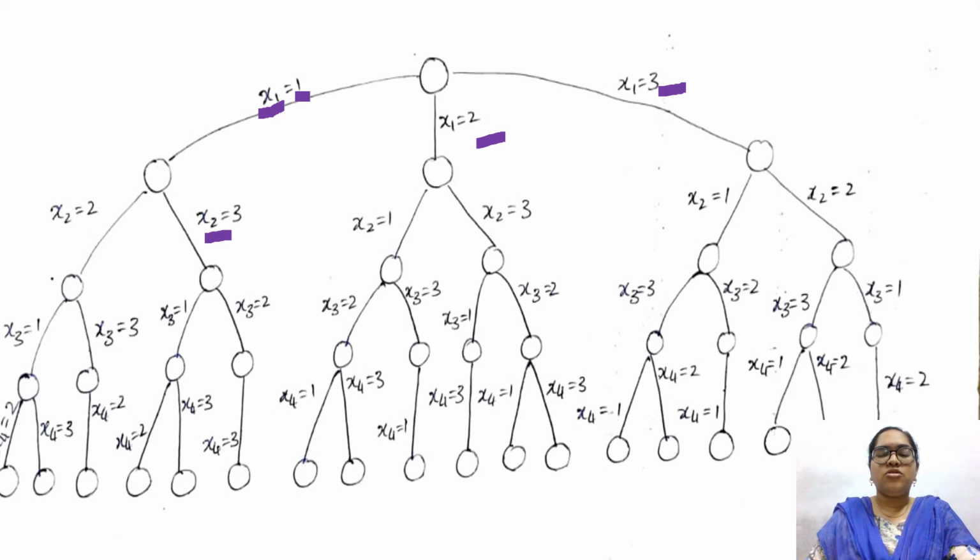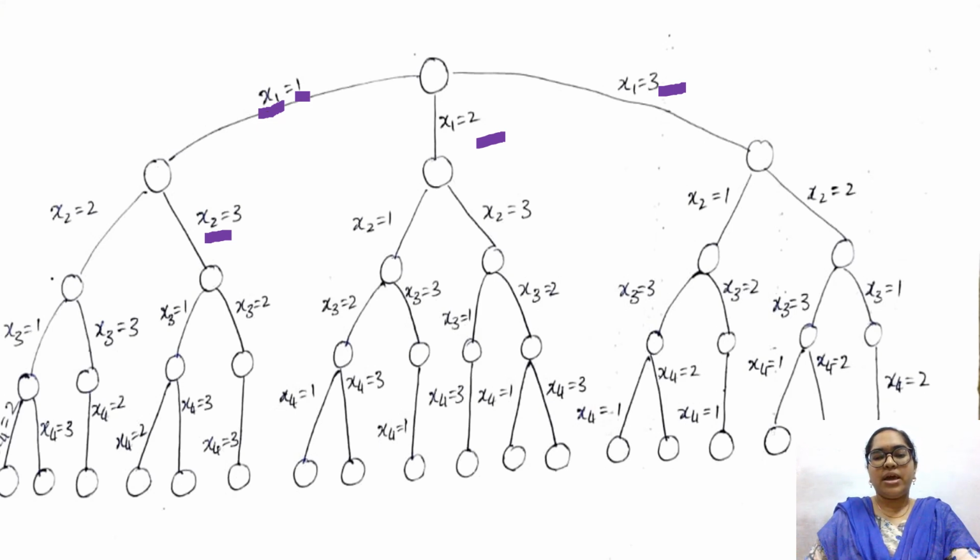So the solution we take as the set 1, 2, 1, 2. That means in the state space tree we take the vertices like here x1 equals 1, x2 equals 2, x3 equals 1 and x4 equals 2, right? So we basically take this as a set, that means 1, 2, 1, 2.